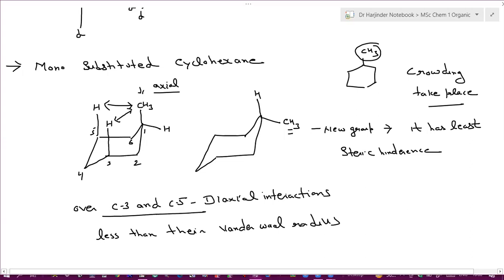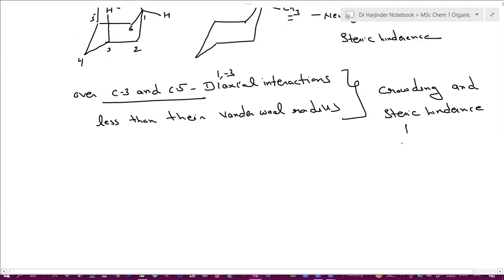So this diaxial interaction, or simply 1,3 diaxial interactions, results in crowding and steric hindrance when your new substituent is present at the axial position, which results in instability. This can also be viewed in Newman projection.